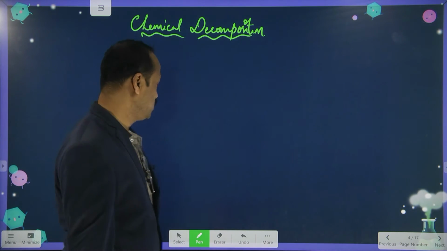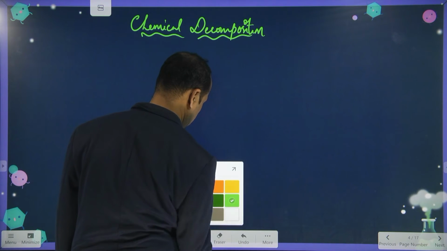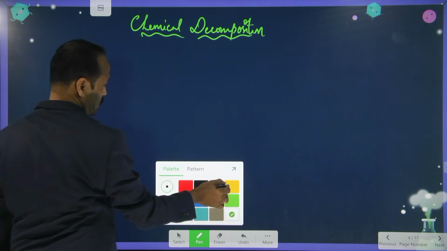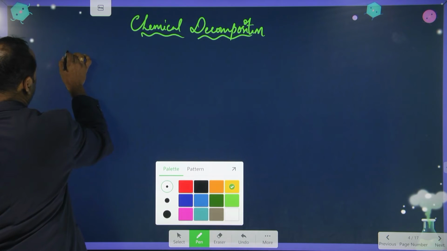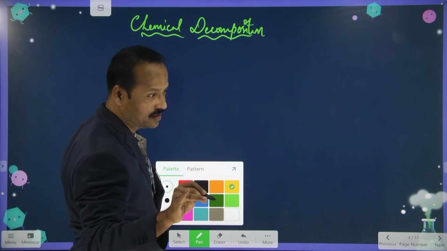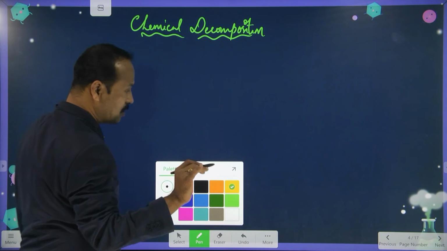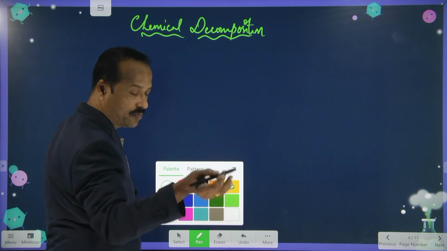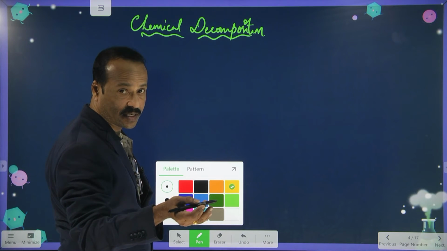So what do you write as the definition here? The first one is the reactant, and after that what will form? They are called products. Clear?